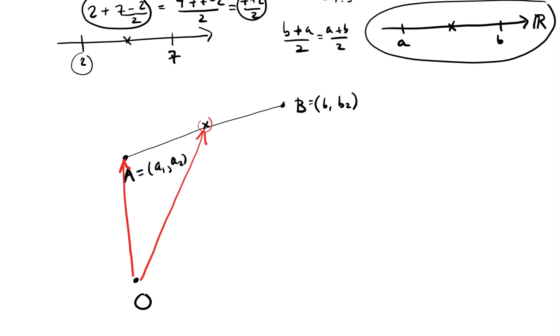So that's kind of the same thing as having our 2 here. So I'm going to first compute vector OA. And then I'm going to imagine there's a vector here. That's AB, right?